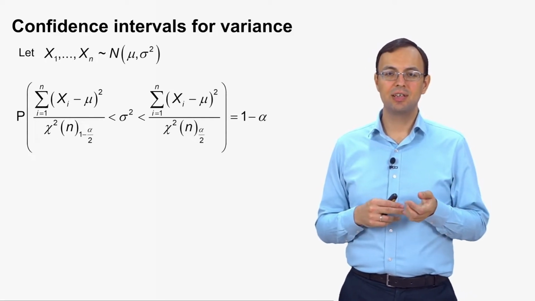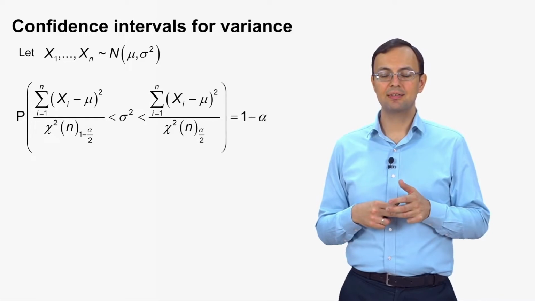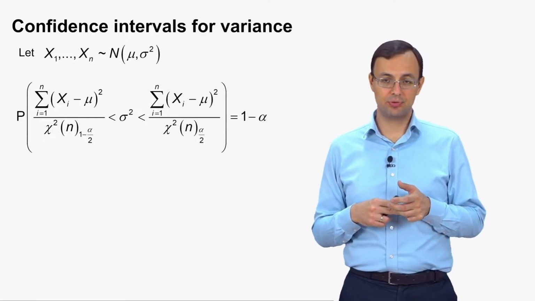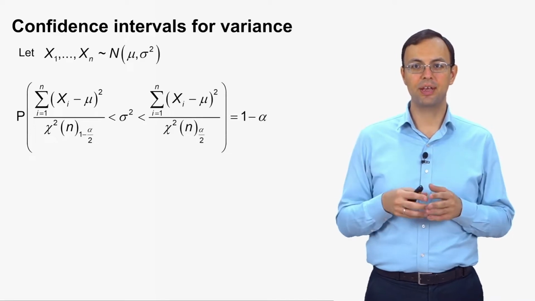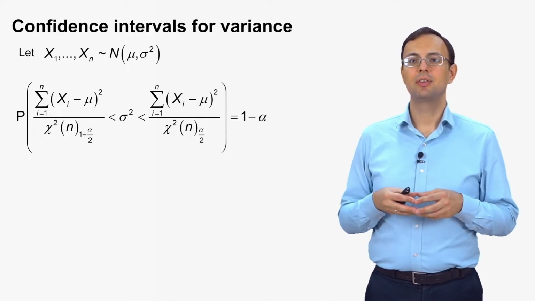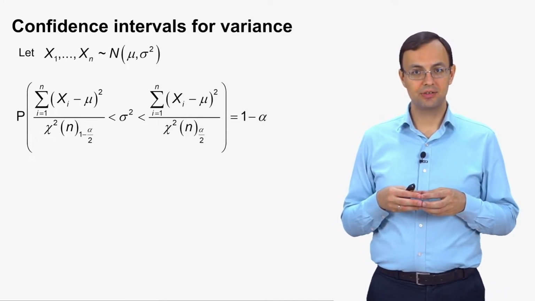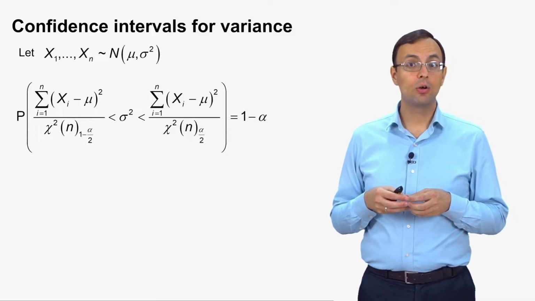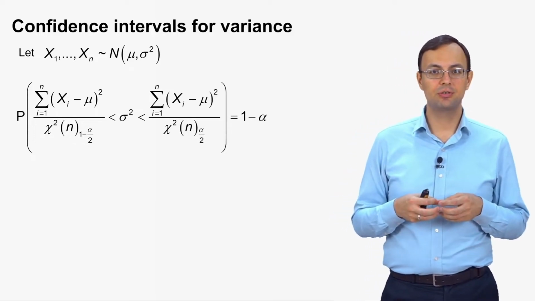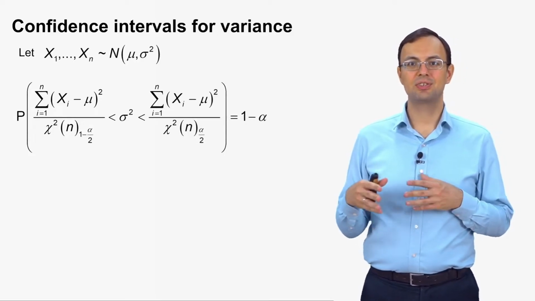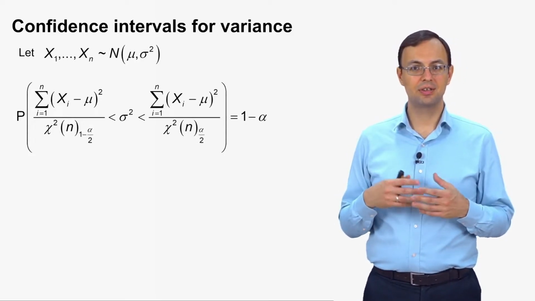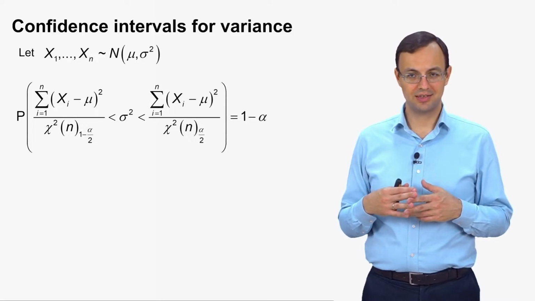Here you can see the quantiles of the chi-square distribution. In the denominator of both formulas, of both endpoints, you see the quantiles of the chi-square distribution. This is also a distribution similar to the Student's distribution that has no physical meaning of its own, but is only used as an auxiliary distribution in mathematical statistics.